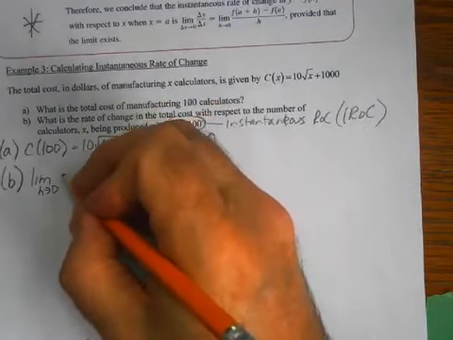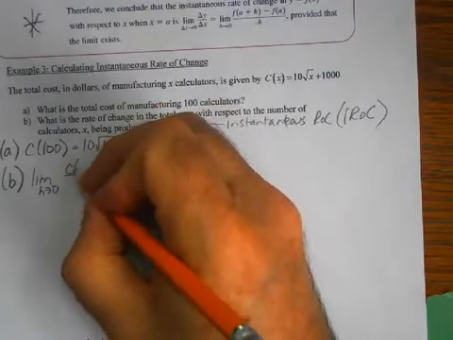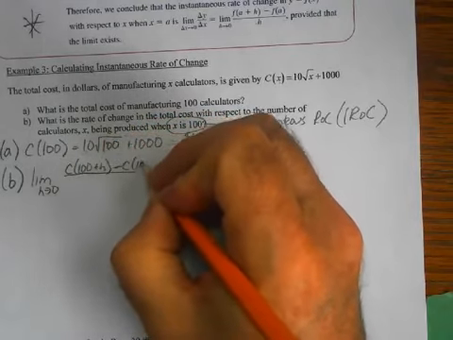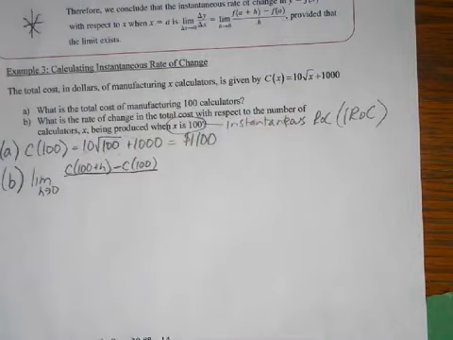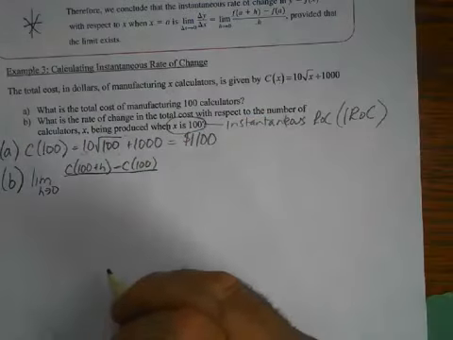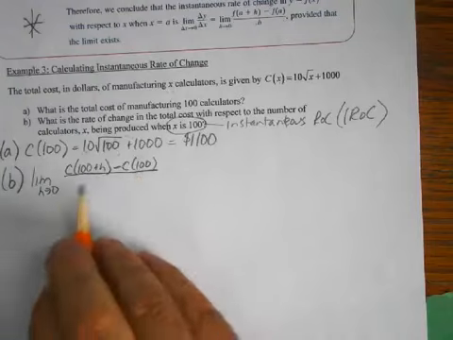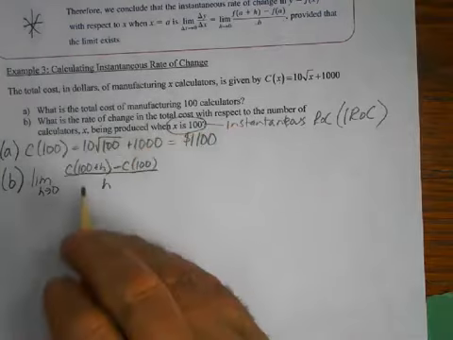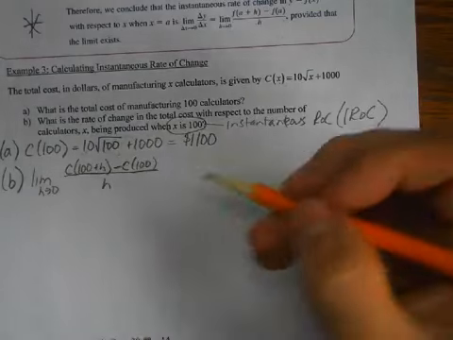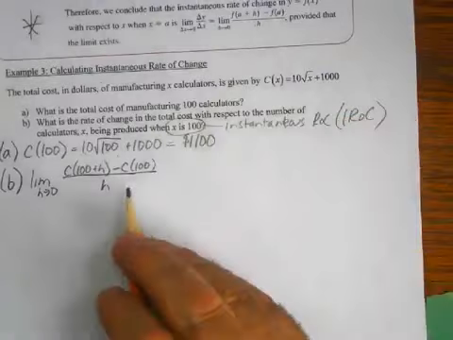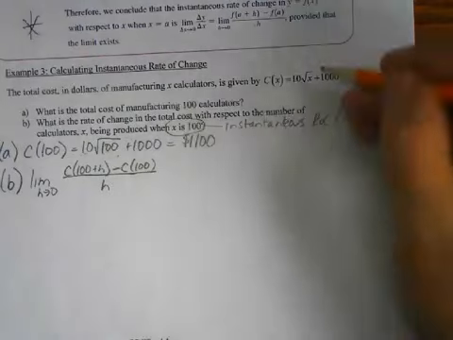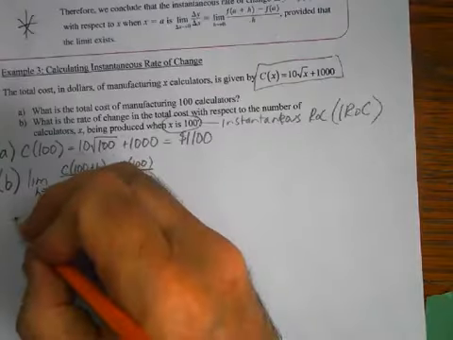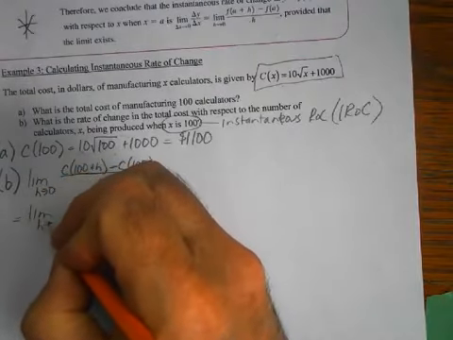And that's going to be the limit of C of 100 plus H minus C of 100 over, again, the change, which will be H, basically 100 plus H minus 100. Okay, so now we actually have to use our formula for the cost. So this is equal to the limit as H approaches 0.